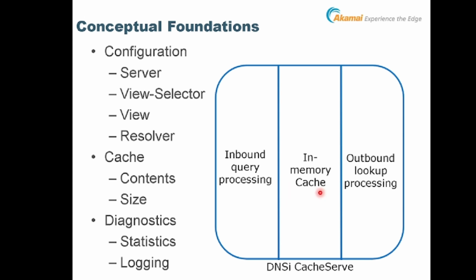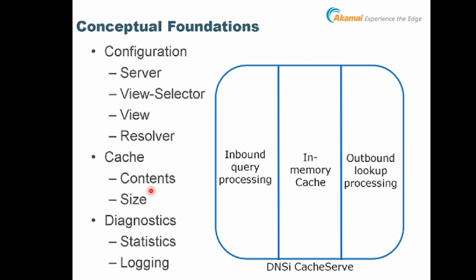In a production environment, this cache will fill up within seconds with data. And by definition, it will be the most popular data, because that's what's going to survive in here.